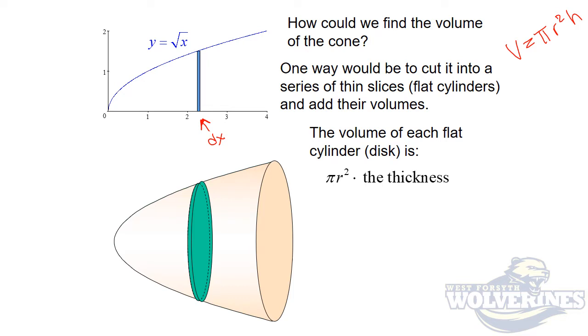Well, r is the radius of those discs, and that radius as I go along the curve is just being determined by y equals root x. It's just the height as you move along this curve from x equals 0 on the left to x equals 4 on the right.